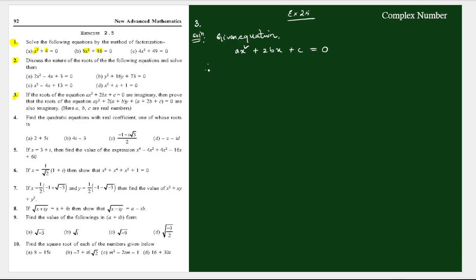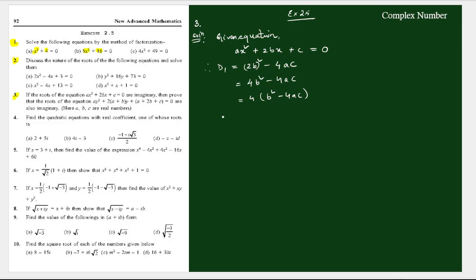So let's find out our discriminant d1. What is our b here? 2b, so (2b) square minus 4ac. So this is 4b square minus 4ac. We can take 4 common: 4 times (b square minus ac). This one is imaginary.